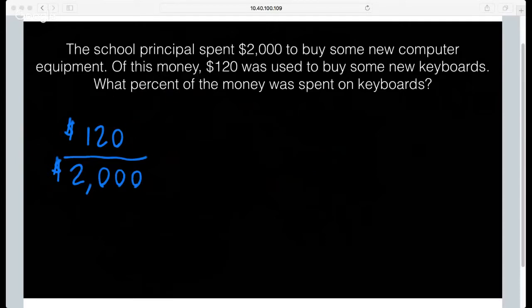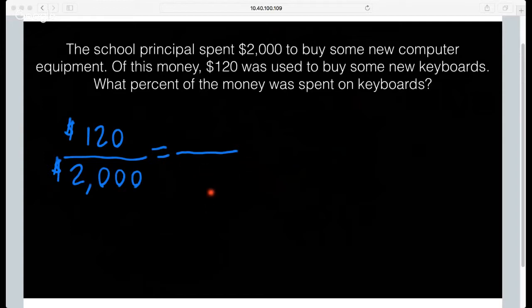What percent of the money was spent on keyboards? So what part of this whole was spent on keyboards? If we're dealing with percent over here, what would be the whole?